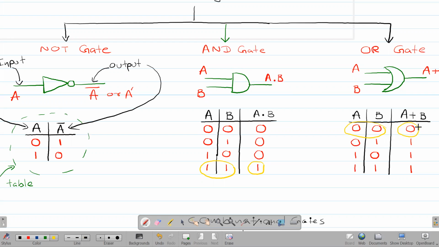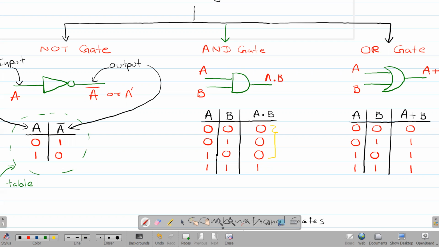Those are some special situations. And if you get at least a single 0 in an AND operation, the entire thing is going to become a 0.